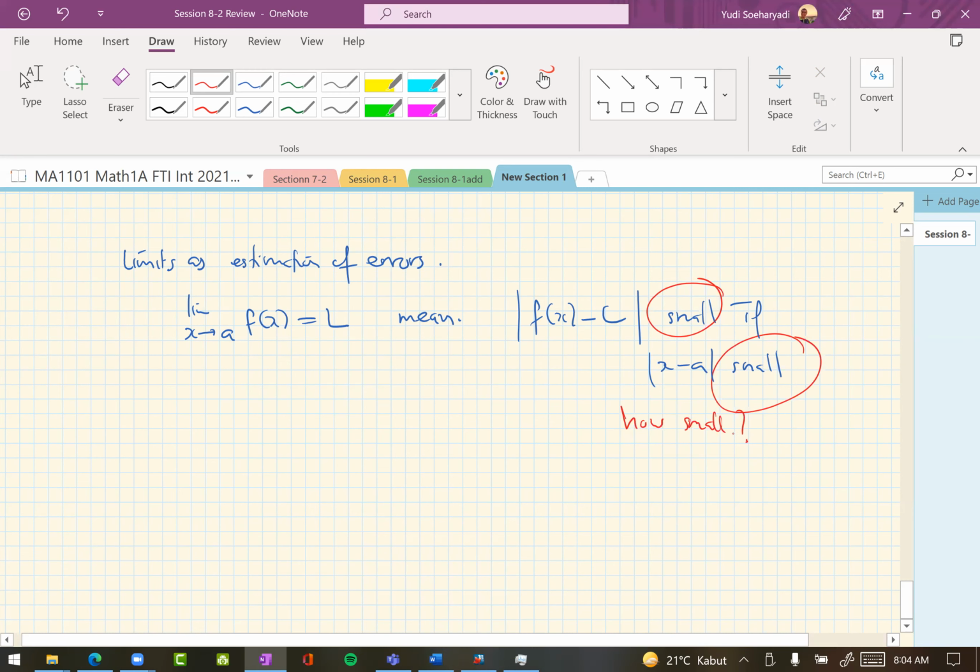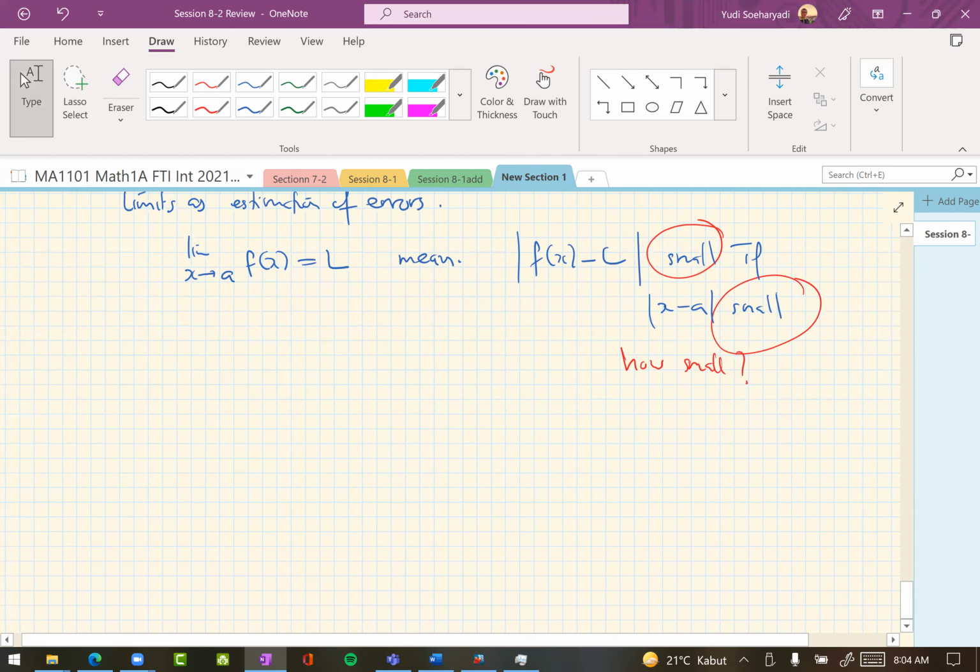If we want this to be smaller than one, what should x minus a be? This is what we mean by how small.